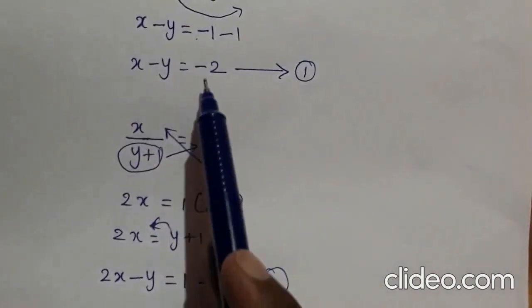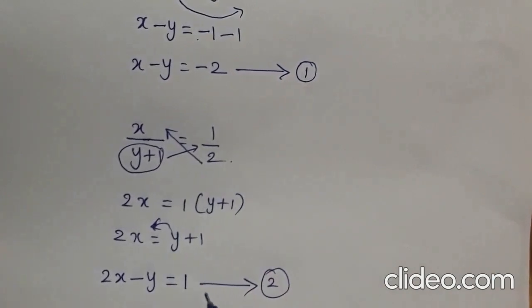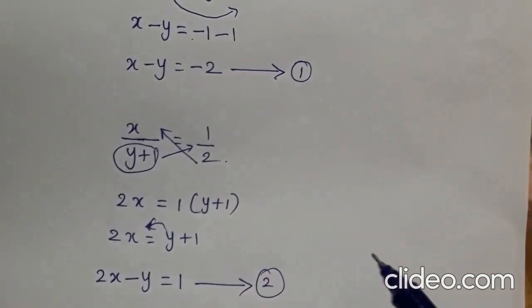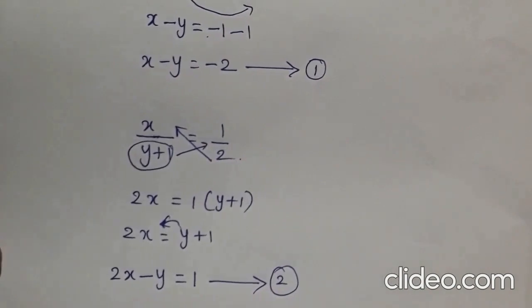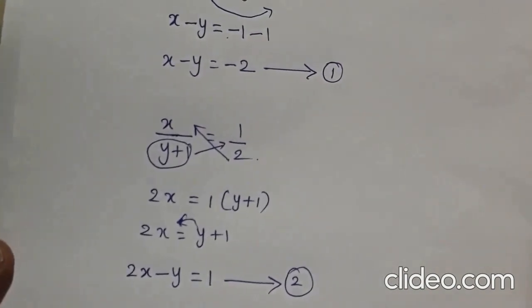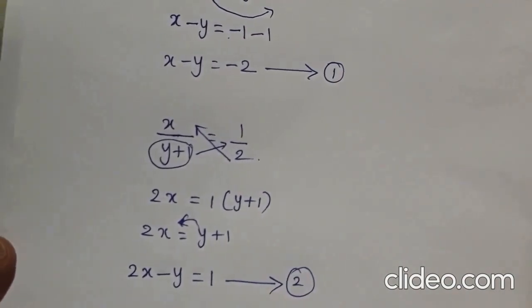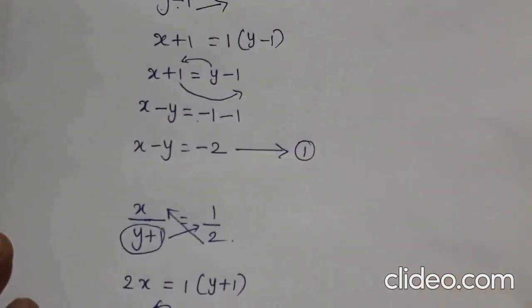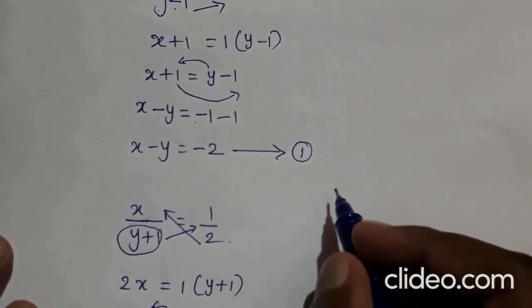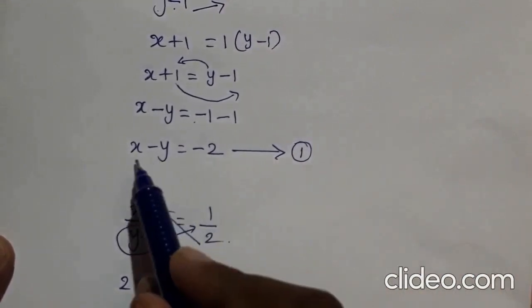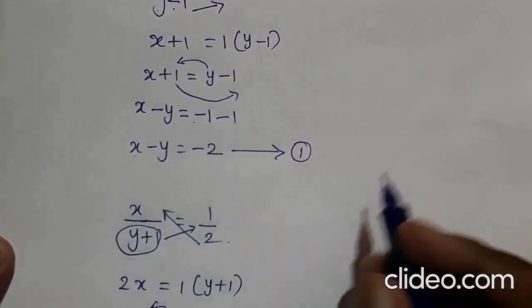So equation 1 we got, equation 2 we got. By using the substitution method we are going to find the values of x and y. Let me take the first equation. From the first equation, how can you write it? I am keeping x on one side, and y I am taking to the right hand side.